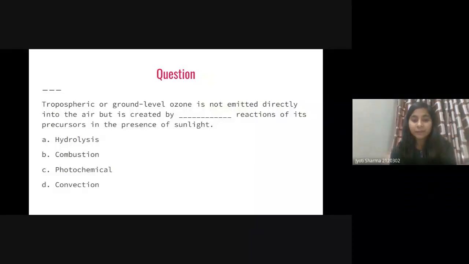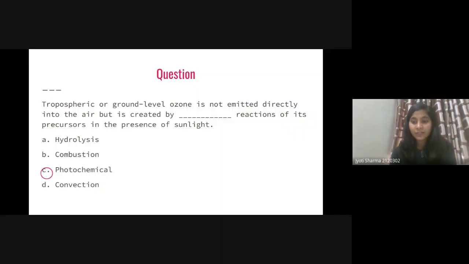You people gave me answer C, and of course the answer is C, because ozone is formed when we have sunlight. We have some precursors such as nitrogen dioxide and volatile organic compounds.